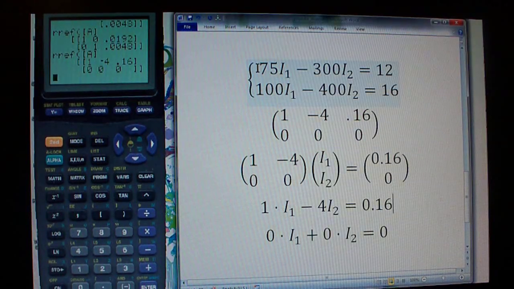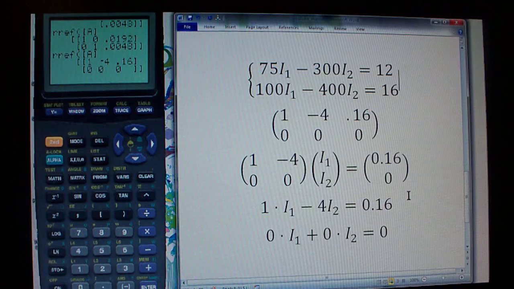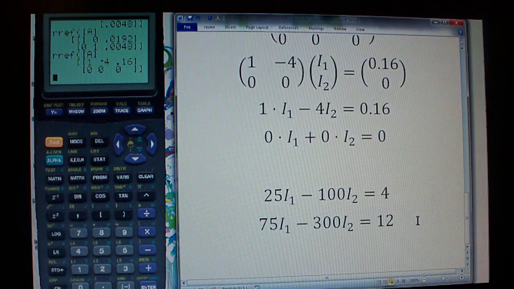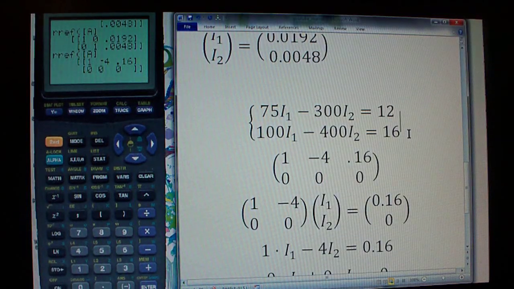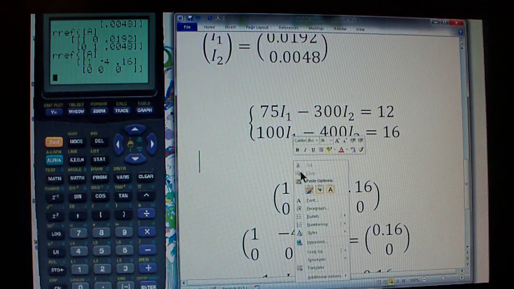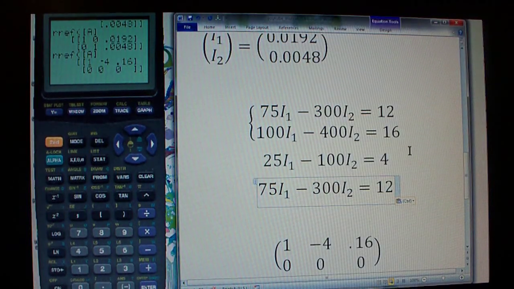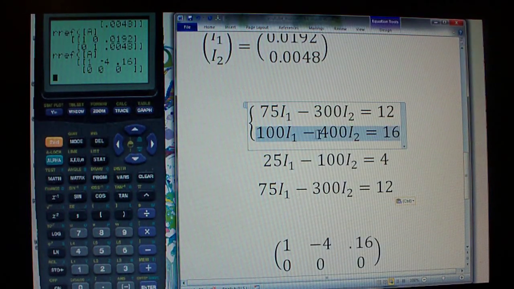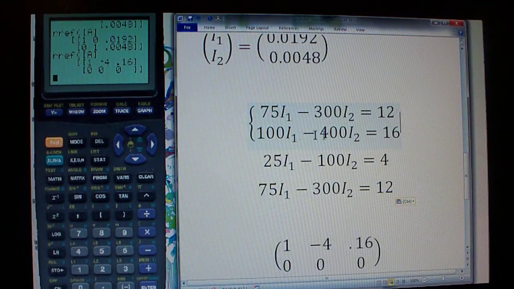If you're wondering why this system does not have a solution, let me elaborate on that a little bit. Although you have two equations with two unknowns, I1 and I2, it's really a single equation.